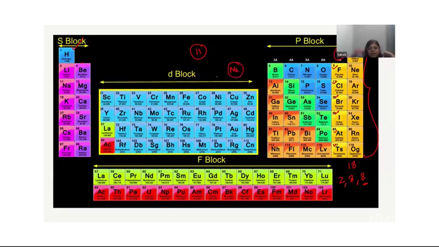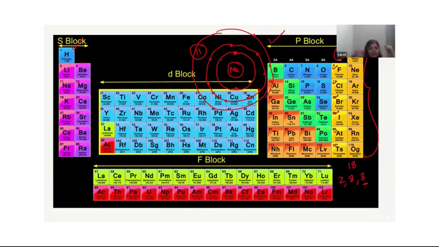Then the first shell has 2 electrons, the second shell has 8 electrons, and the third shell has just 1 electron. So you can see there are 3 shells, corresponding to the third period.